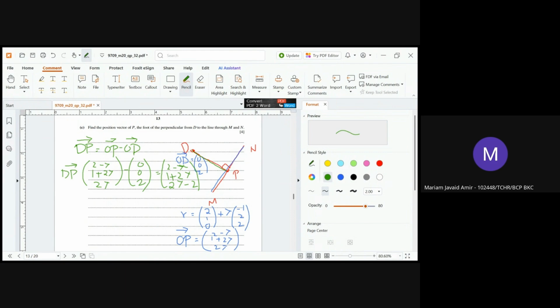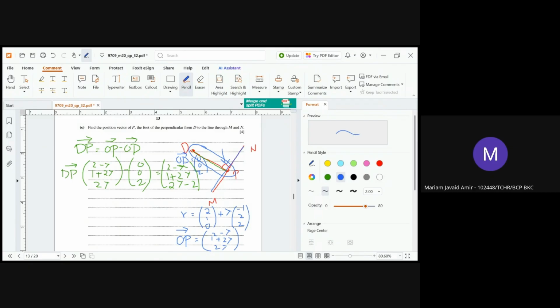Now we know there's a 90-degree angle between DP and MN, meaning they are perpendicular. So the dot product needs to be 0. Now the dot product of what needs to be 0? We already have this vector DP.